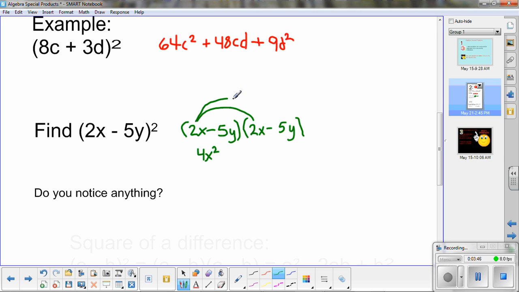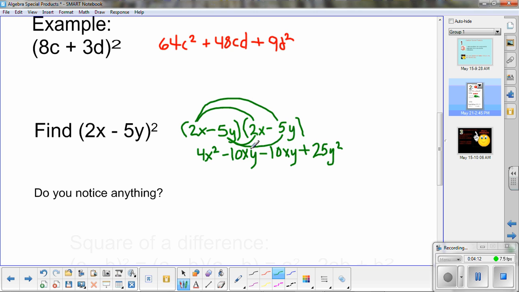Now outer, 2x times a negative 5y is a negative 10xy. Inner, negative 5y times 2x is negative 10xy. And then negative 5y times negative 5y is positive 25y squared.